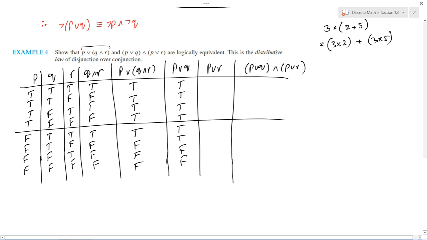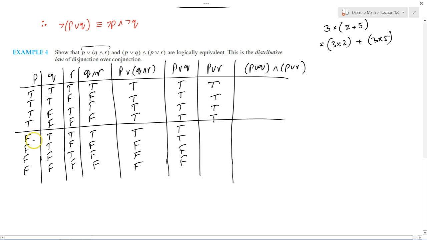Now P or R, we're going to calculate it the same way. Whenever there is one true value in any of these two columns, we're going to have a true value here. So you got true, true, true, true.